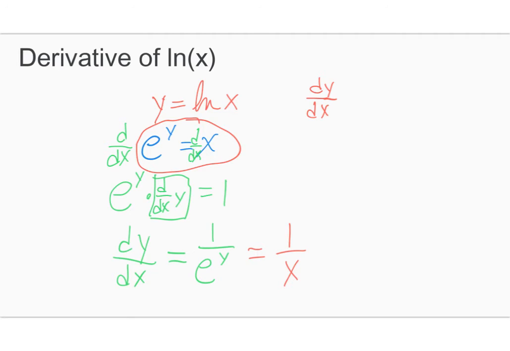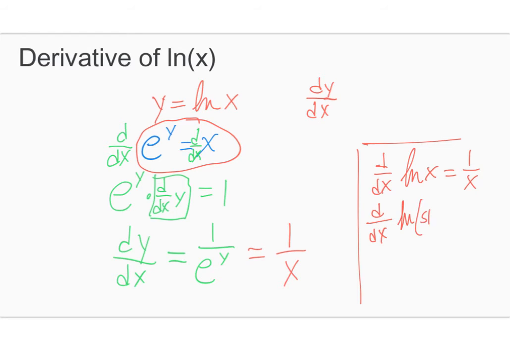The kind of weird result of this is that the derivative of the natural log of x is 1 over x. That also means that the derivative of the natural log of stuff is going to be equal to 1 over stuff multiplied by the derivative of whatever that stuff is.